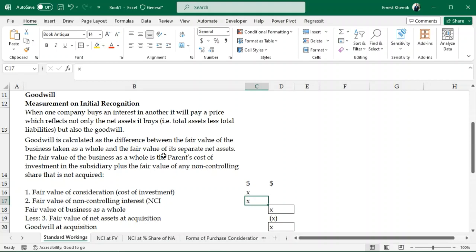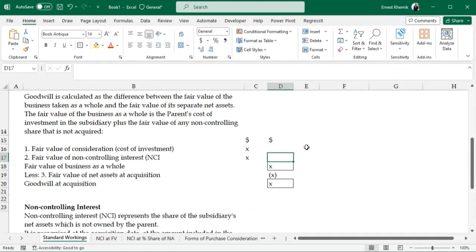And I told you in my previous video the percentage that will give you control, that will make you called a parent. So you buy that percentage, which is the majority shareholding, 50% and above, and then the remaining is what you call the fair value of the non-controlling interest. That is the value of the portion of the business the parent does not control.